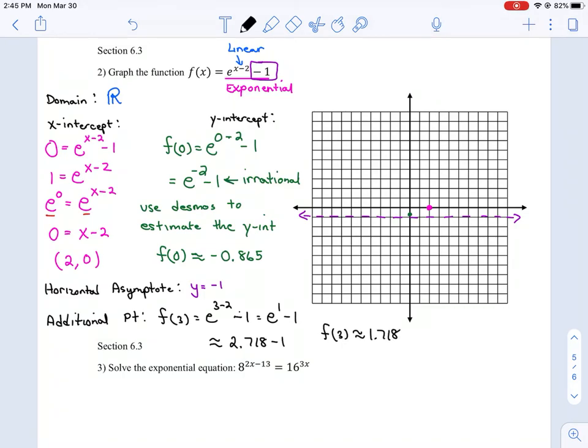So f of 3 is approximately 1.718. And I'm going to put a coordinate right above the halfway mark right there. Right above 1.5. Now we can sketch the function. And that is f of x.